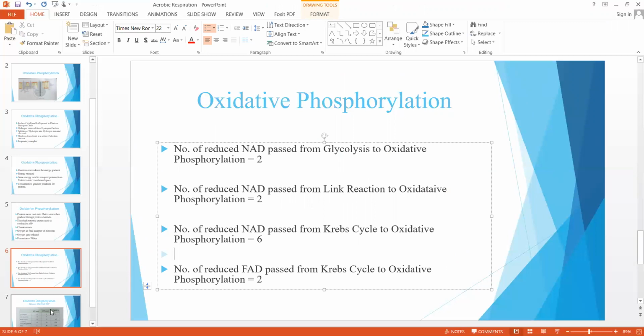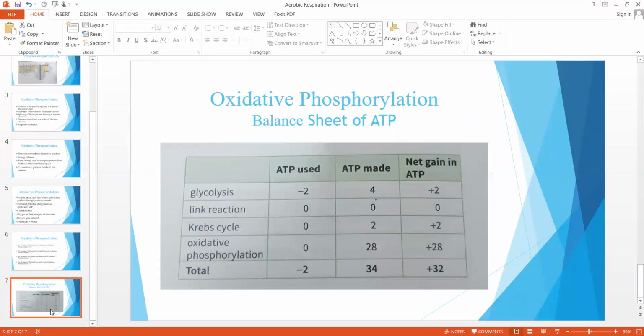So if we look at the balance sheet for ATP, when we calculate the total number of ATP molecules, we have to keep in mind that from each reduced NAD, 2.5 ATP molecules are produced, and from each reduced FAD, 1.5 ATP molecules are produced. Now, in glycolysis there were some ATP molecules directly made.